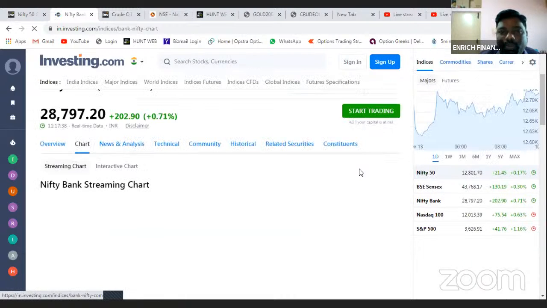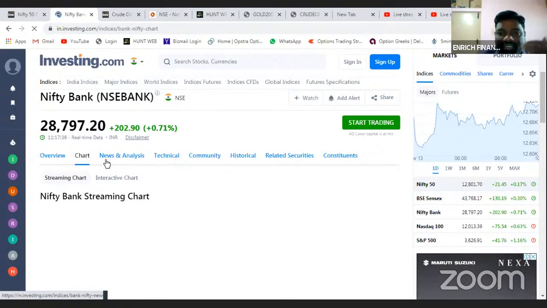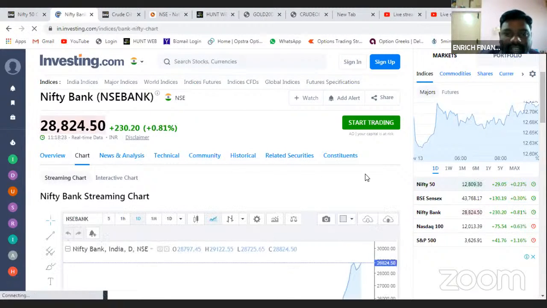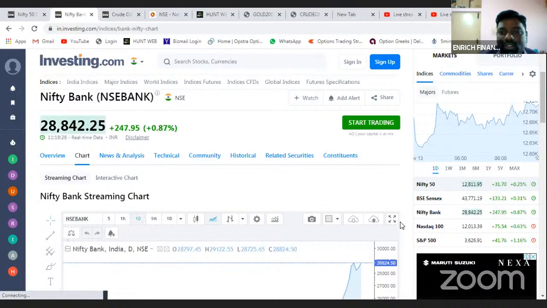If it moves positively for another 750 to 2,000 points, 29,850 or 29,900 is the next resistance level. So we keep in mind that every 750 to 2,000 points, Bank Nifty will give the proper indication for the next movement.